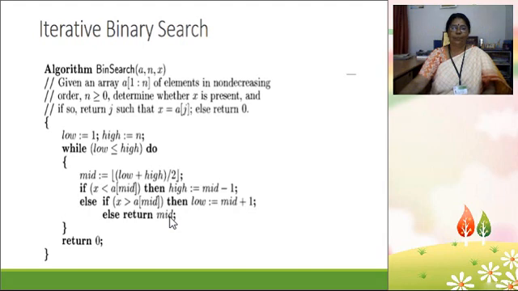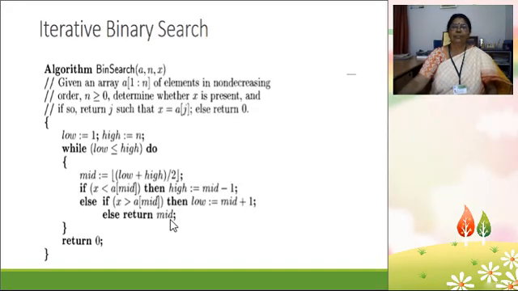During this session we have discussed the divide and conquer strategy, and also we have seen an example of an algorithm where we apply the divide and conquer strategy: binary search. Binary search is one of the popular algorithms.